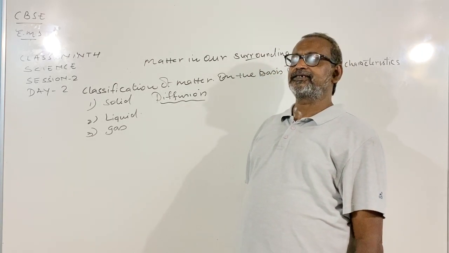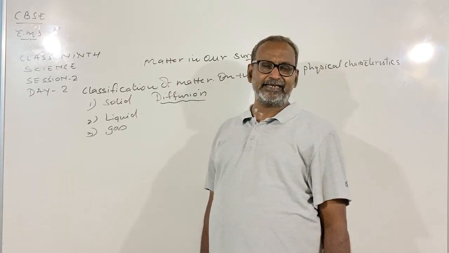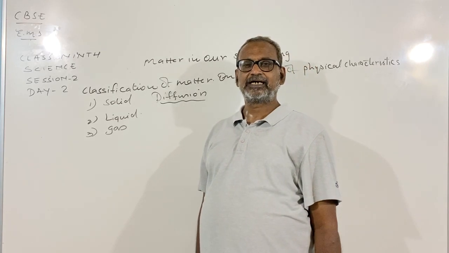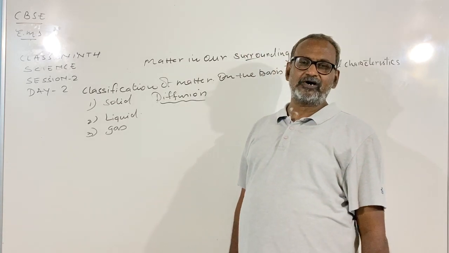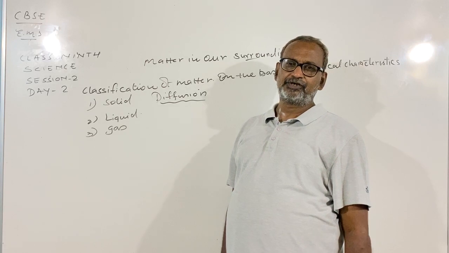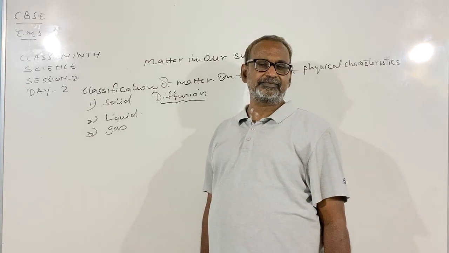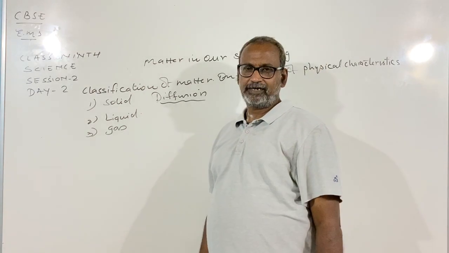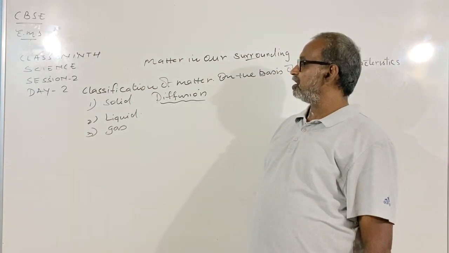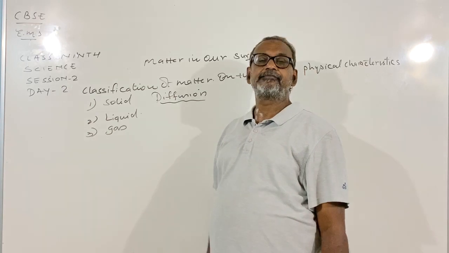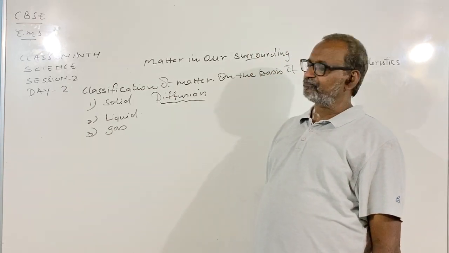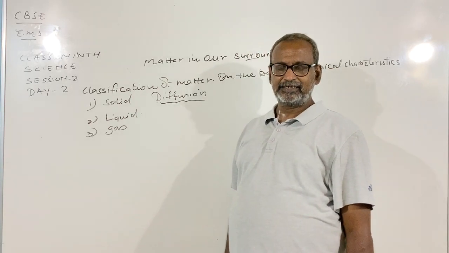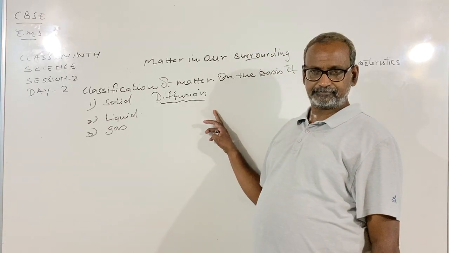Since the particles in this state have more kinetic energy, they move and intermix or intermingle with the particles of another substance. This phenomenon of intermixing or intermingling of the particles of one substance with those of another is called diffusion.